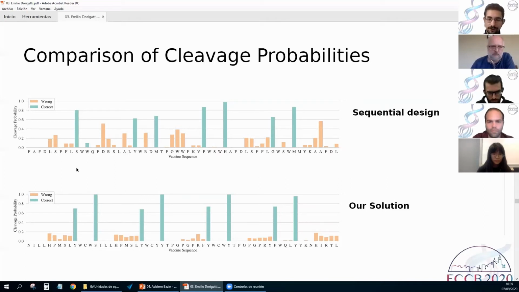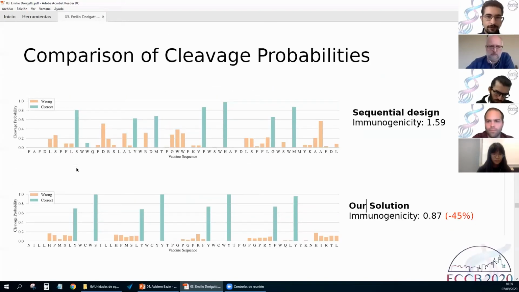And sequential design means that we use state-of-the-art tools to select a set of epitopes that has the largest immunogenicity, and then we use a second tool to find the best way to assemble them. So the epitopes selected by this sequential approach have a much larger immunogenicity than what can be selected with our approach.